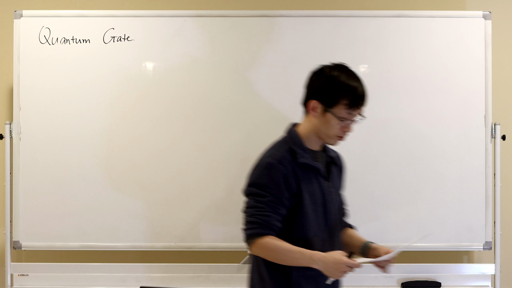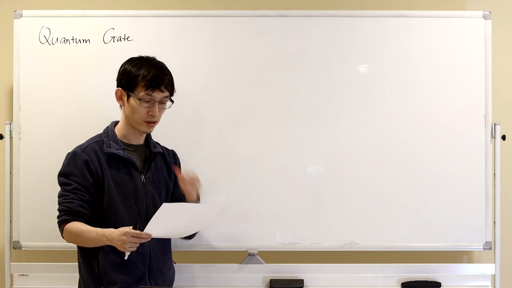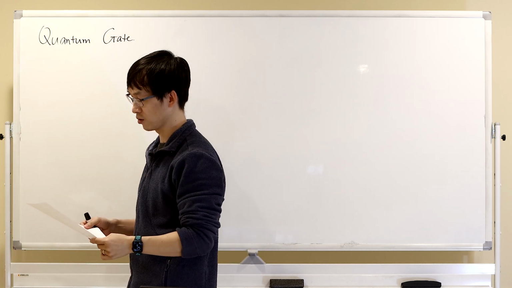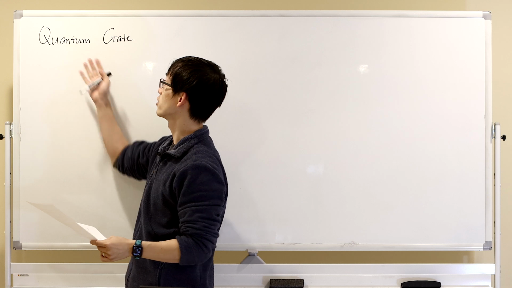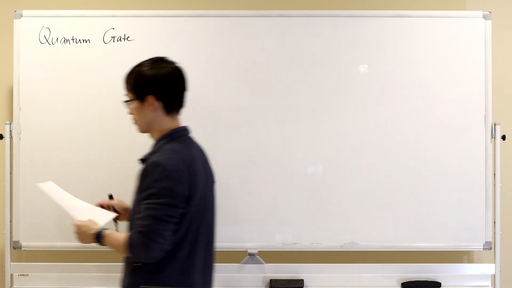So if you are very interested, you can search on YouTube, and there are many demonstrated experiments. Now, okay, so we finished the single qubit gates, and now let's move on to the 2 qubit gates.